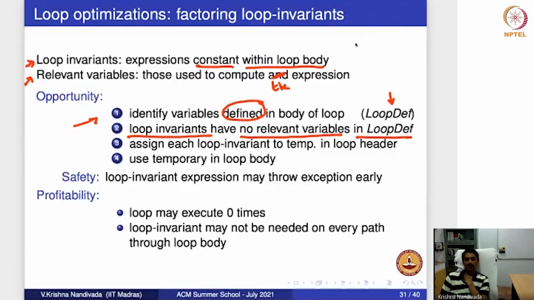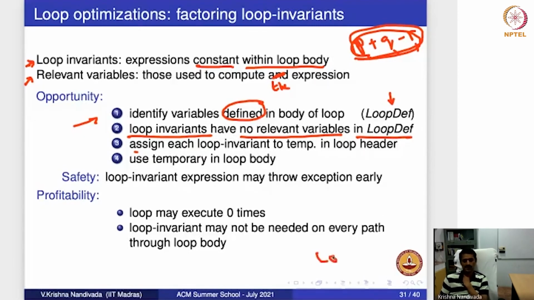Let us say the expression I have is p plus q minus r. For me to declare this expression as loop invariant, p, q, and r should not be in loop def. Then what will I do? I will assign this loop invariant, and every other loop invariant I find, to a different temporary in the loop header.